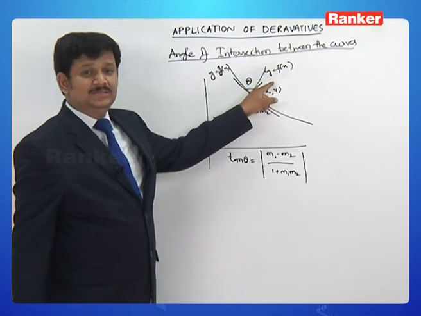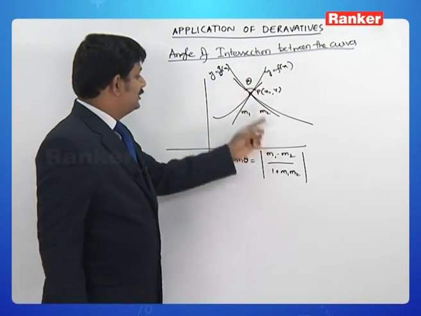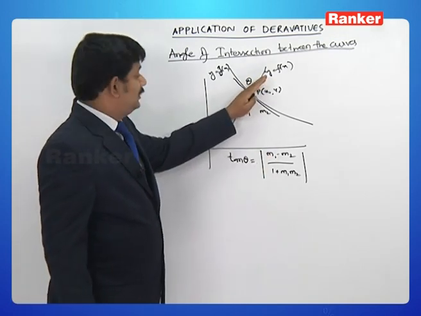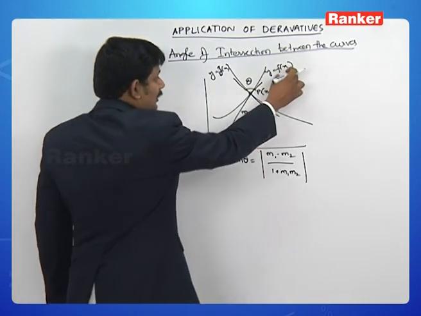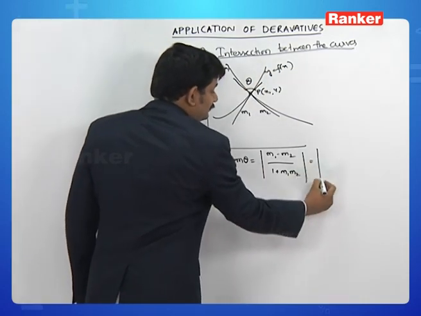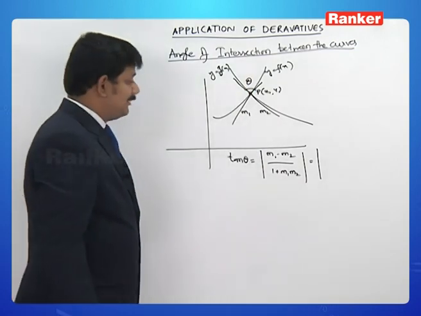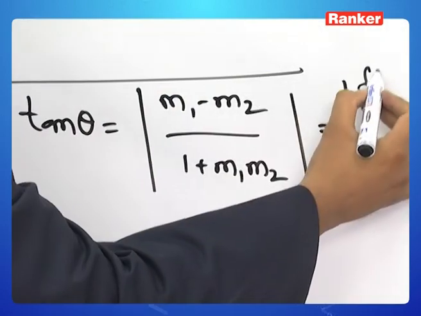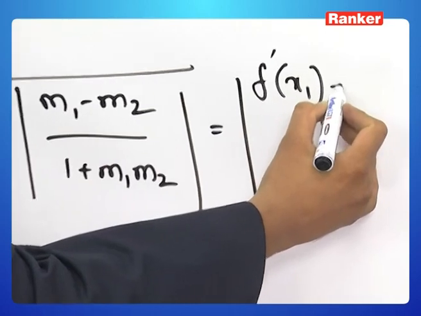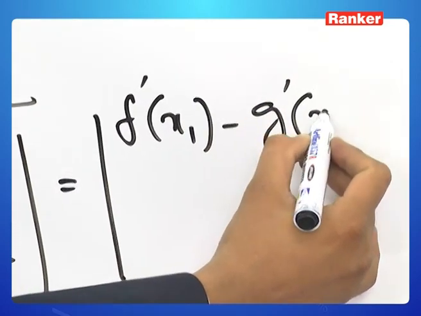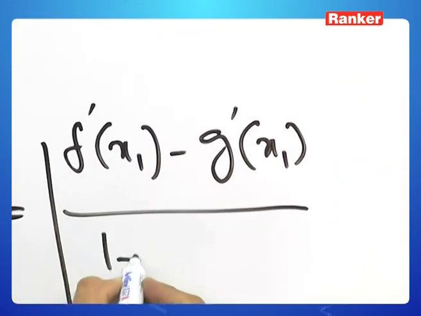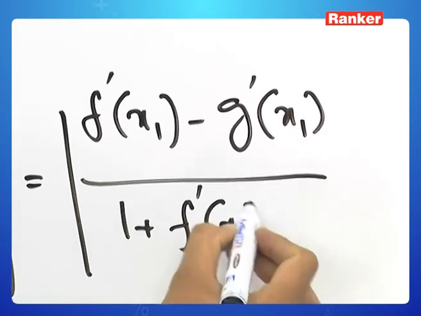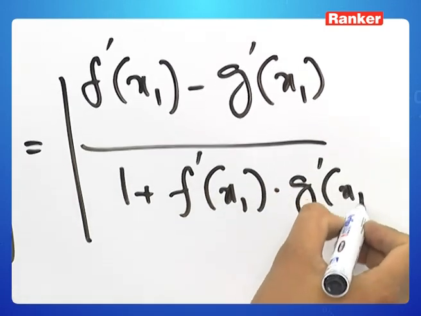Angle between the tangent lines is given by m1, slope of the tangent to one curve at x1 comma y1, which is the derivative f dash of x at x1 comma y1, so it is f dash of x1 minus g dash of x1 divided by 1 plus f dash of x1 into g dash of x1.